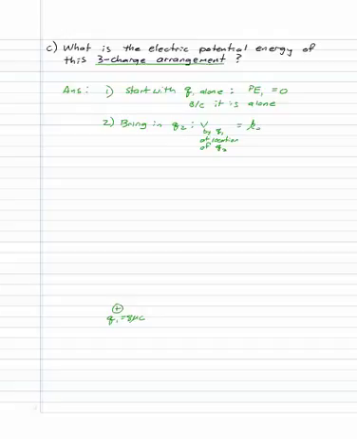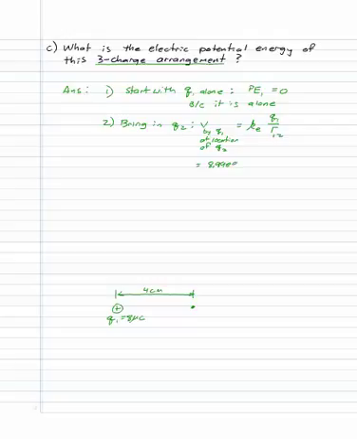So that's K Q1 over R, and that's the distance between 1 and 2. Let me go down to the picture and show what I'm doing. So now I have this location. I'm going to put Q2 there, but right now it's just a location. And here's the distance.